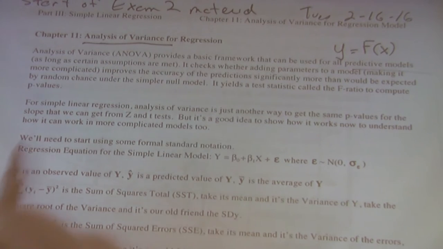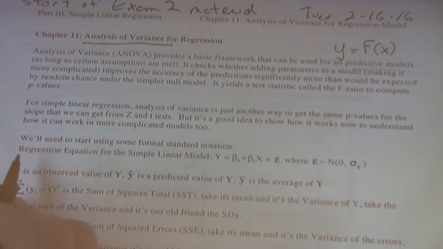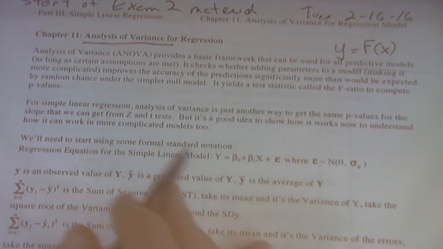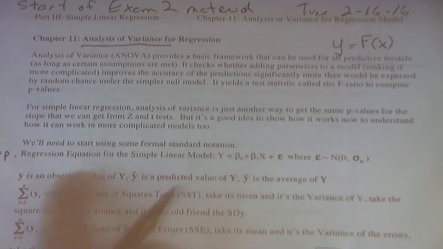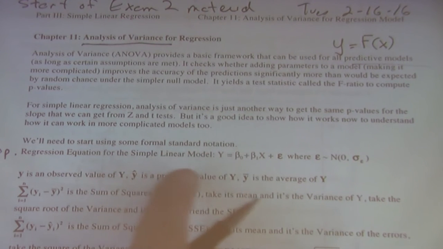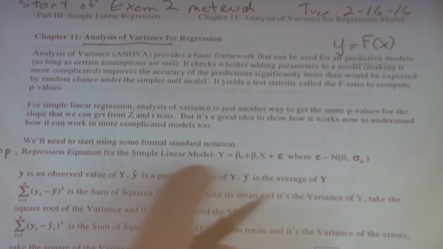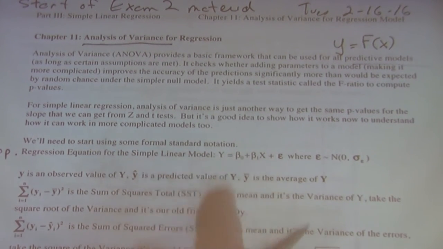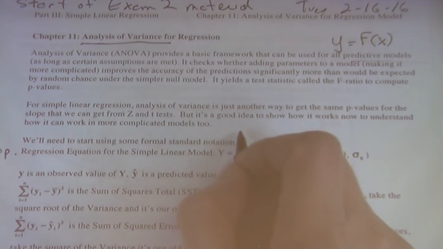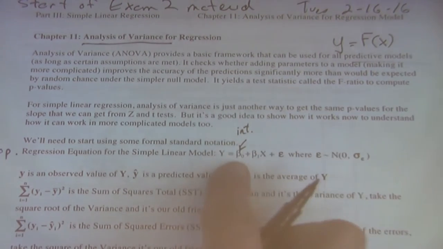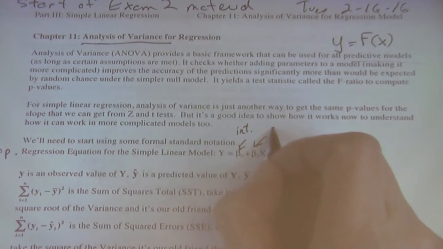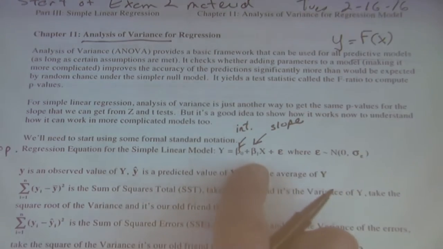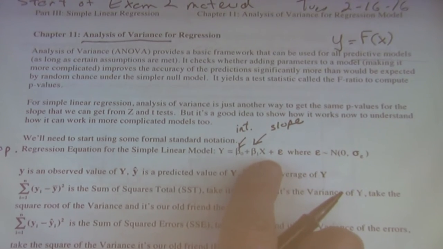So if you want, and we're doing these hypothesis tests, we have this population regression equation for the simple linear model where y is equal to, this is your intercept, beta naught, this is your slope, right here, and we just have one slope because we have 1x, right?